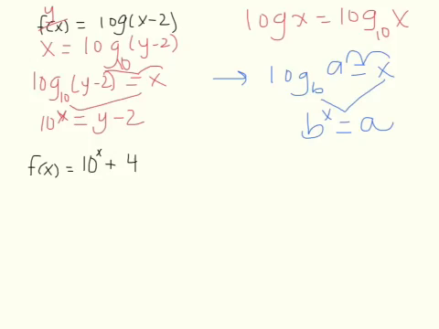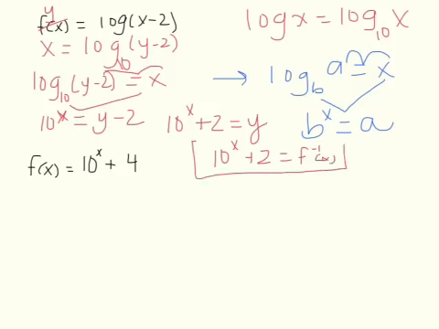Since I'm trying to solve for y, I can just add the 2 over. So I'd have 10 to the x plus 2 equals y. And then we always go back and change that y to f inverse of x. And that's my inverse.